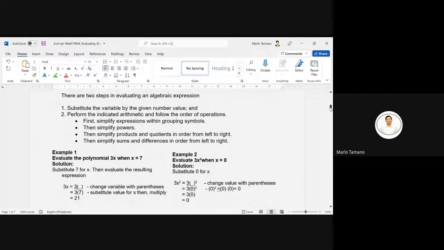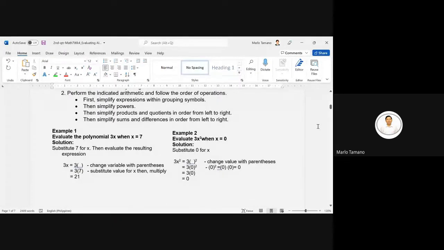So, for example, we have here, evaluate the polynomial 3x when x is 7. Solution, substitute 7 for x, then evaluate the resulting expression. The given is 3x equals 3. Tapos lagyan ng symbol of multiplication.